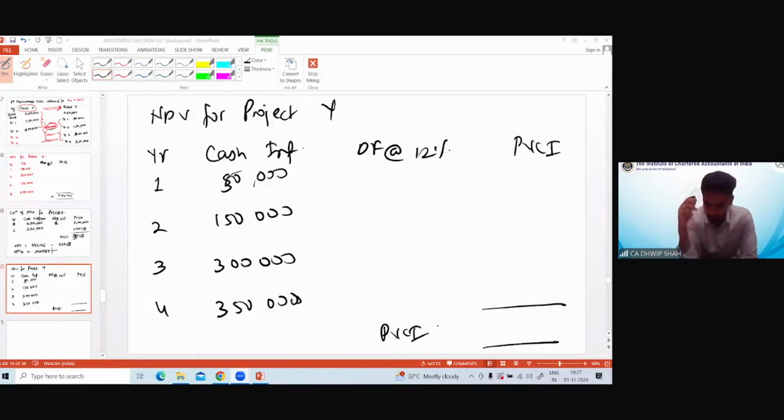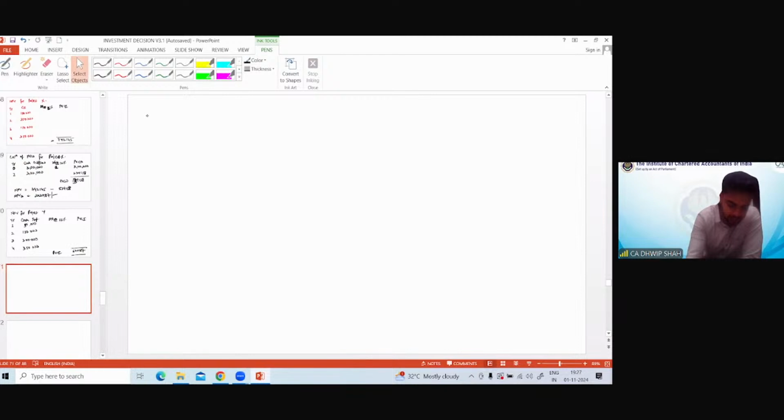600187. My PVCI comes to 600187, and my PVCO is 3 lakh, correct? Because it is at the beginning of the project's life at year 0.